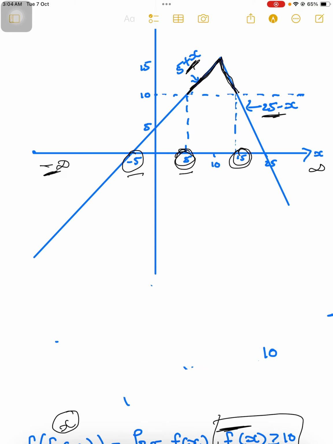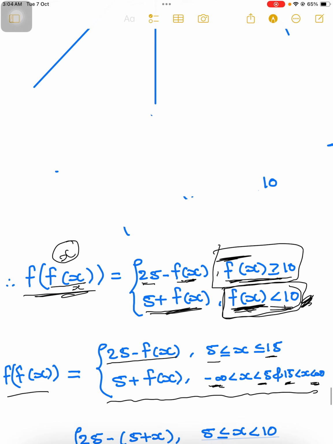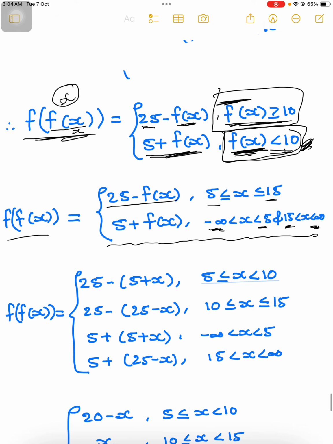You can see in the graph, minus infinity to 5 and 15 to infinity, where we get f of x less than 10.